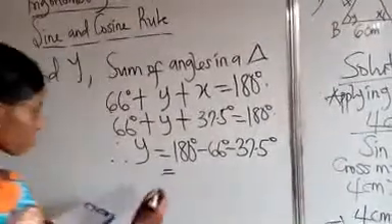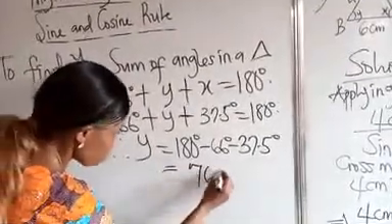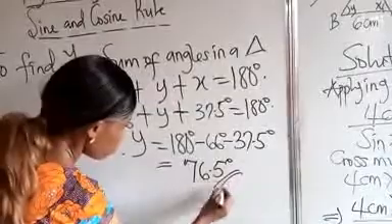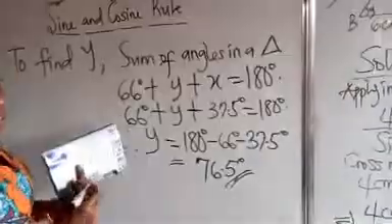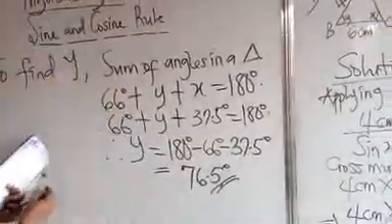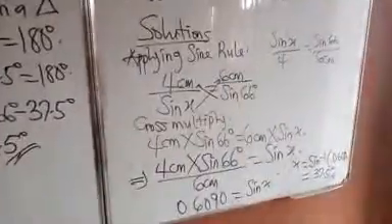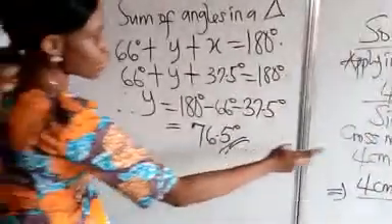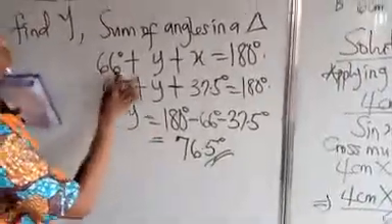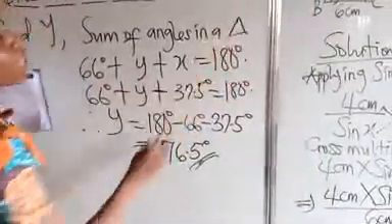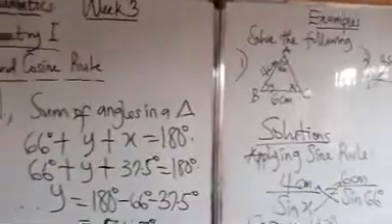Therefore, y is equal to 76.5 degrees. So x is equal to 37.5, y is equal to 76.5. When you add 37.5 to 76.5 to 66, you have 180. So that brings us to the end of solution 1.